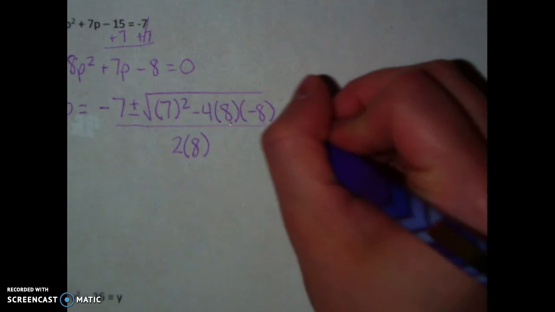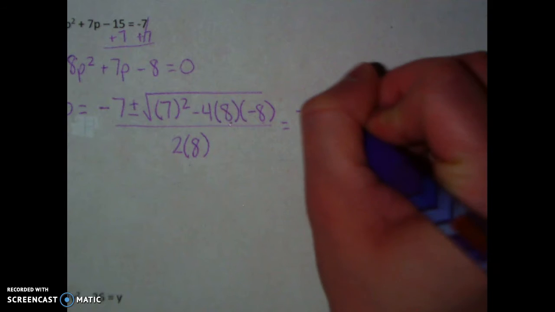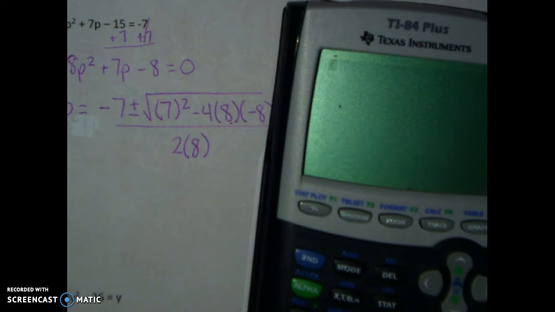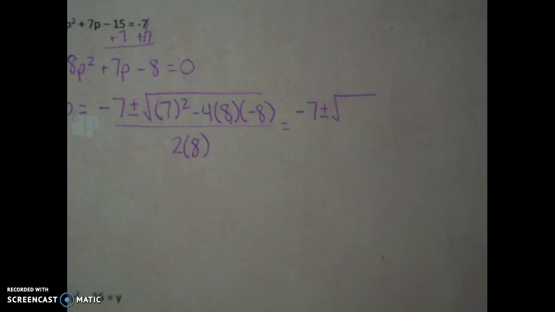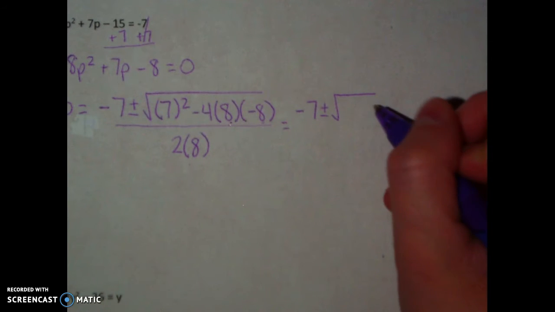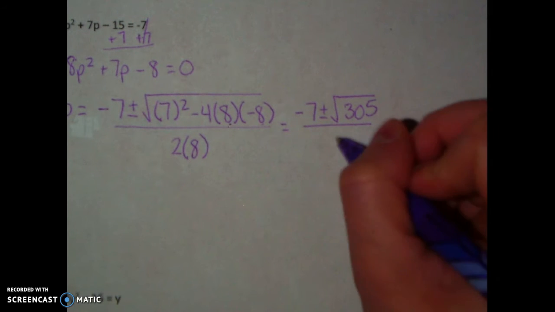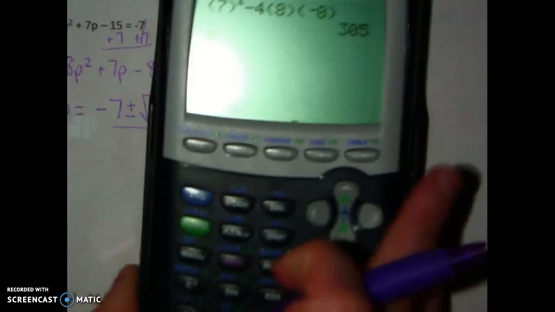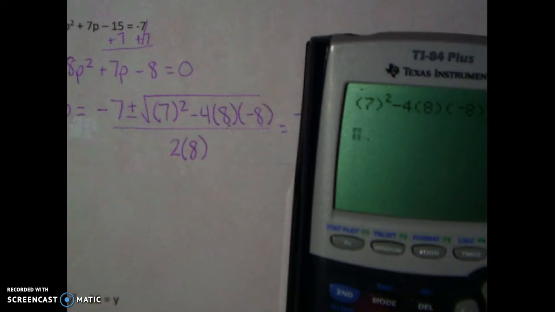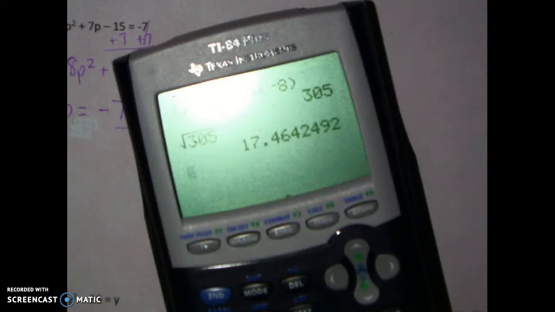Okay, let's simplify that inside part. Seven squared minus 4 times 8 times negative 8 is 305, divided by 16. And the square root of 305 is 17.46.